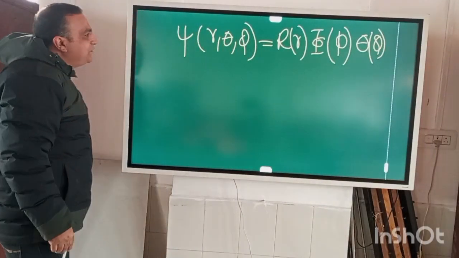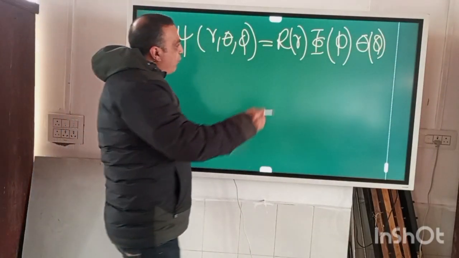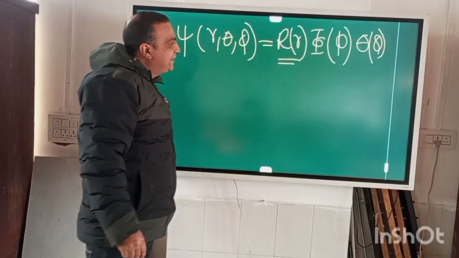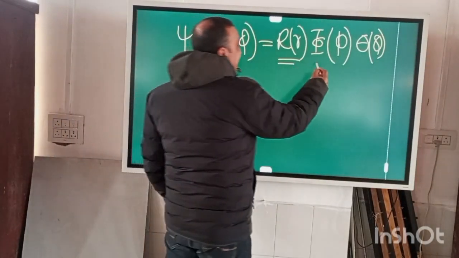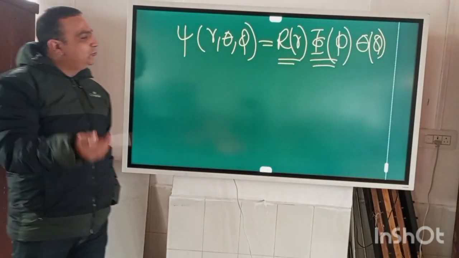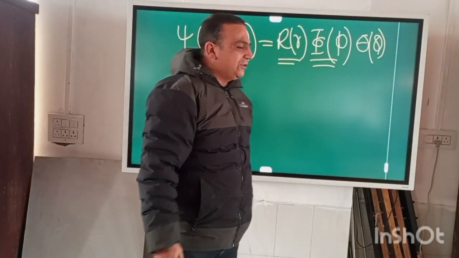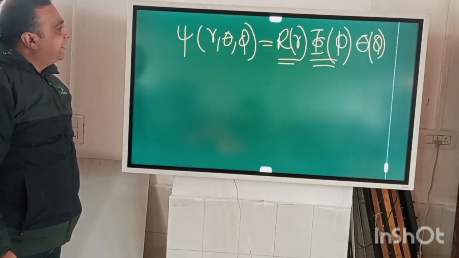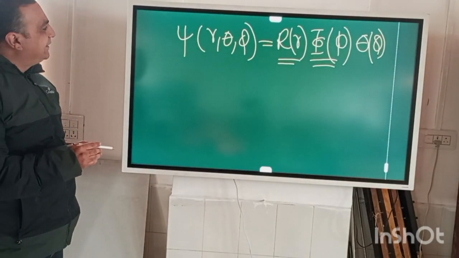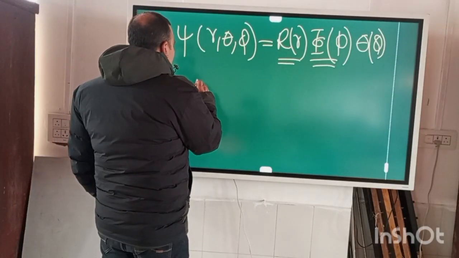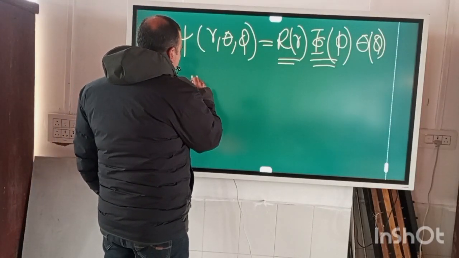It was presumed that R of r is independent of Phi and Theta. It was presumed that Phi of phi is independent of the other two functions in this equation. And we obtained the solutions for theta.